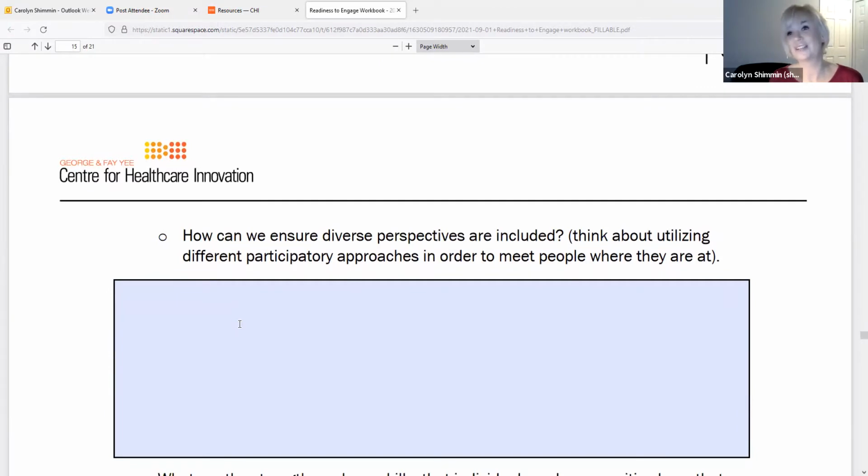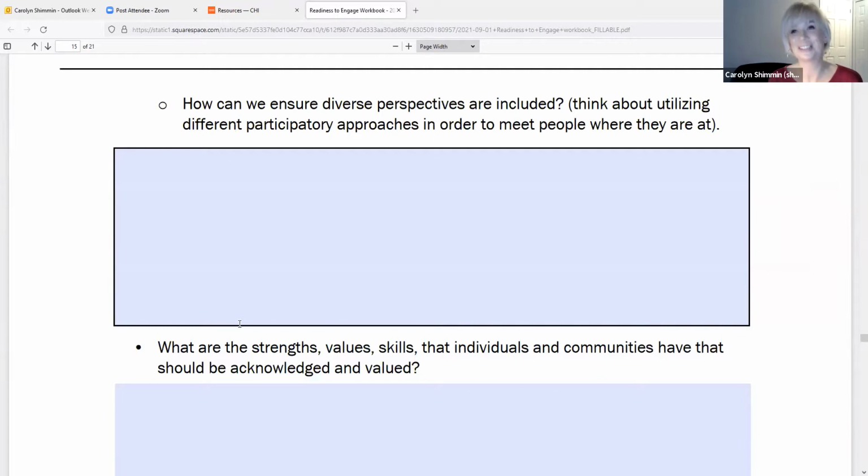How can we ensure diverse perspectives are included? So think about using different participatory approaches in order to meet people where they're at. So there may be a variety of ways to engage people with lived experience, even just on one decision. So you might use an arts-based approach when you're engaging younger people. You might have certain people who are just really interested in sitting at the research table, but thinking about the different participatory approaches that you can use.